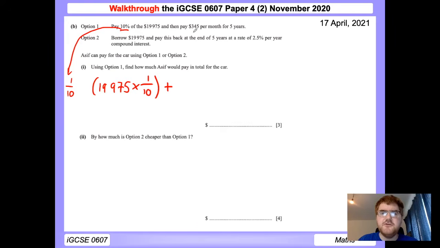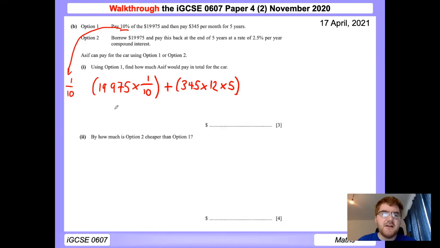Well, he pays $345 a month, so we're going to get 345 times 12, so 12 months in the year, and then he's doing that for a total of 5 years, so we're going to times that by 5. Notice being very efficient with the working here. I haven't written any more than I need to.